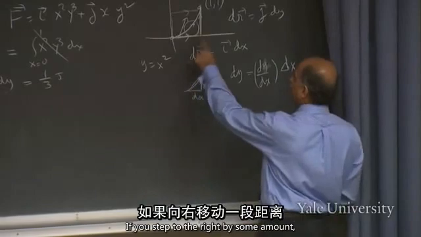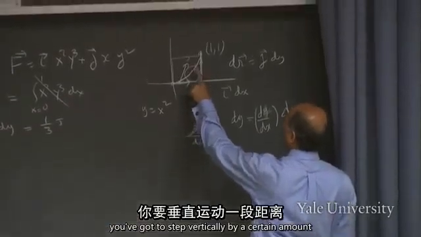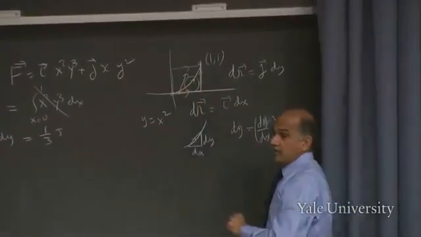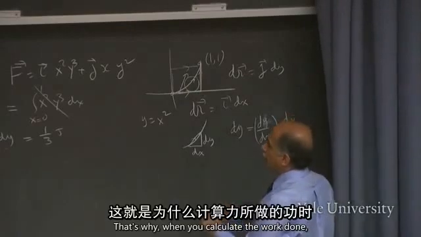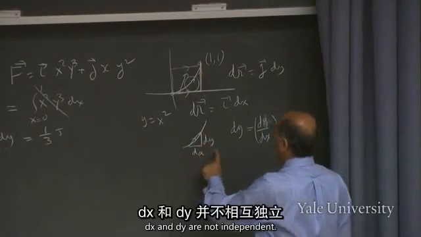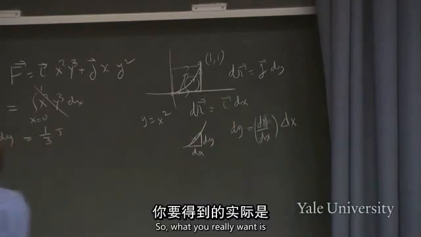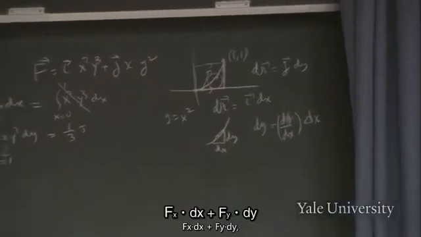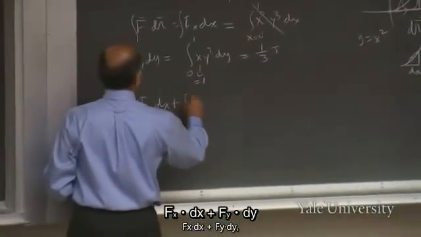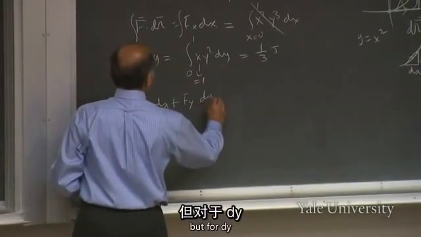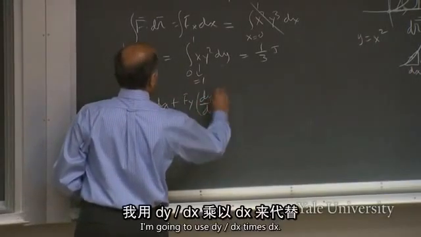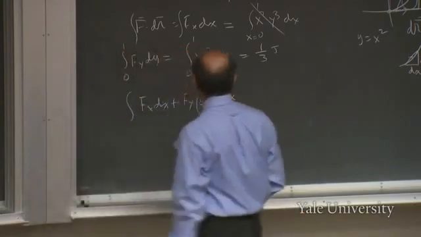If you step to the right by some amount, you got to step vertically by a certain amount, so you're moving on that curve. That's why when you calculate the work done, dx and dy are not independent. So what you really want is fx dx plus fy dy, but for dy I'm going to use dy/dx times dx.